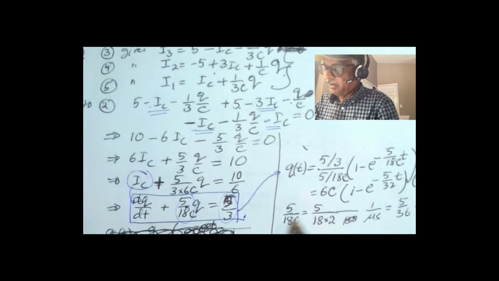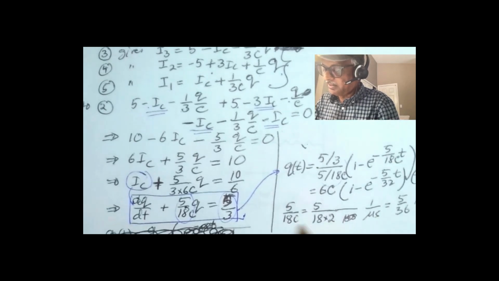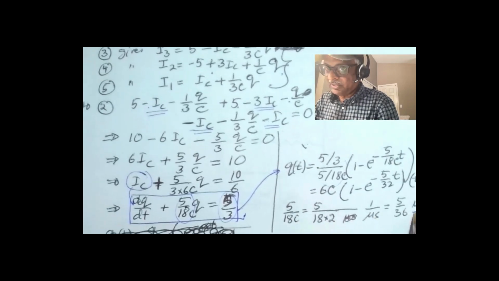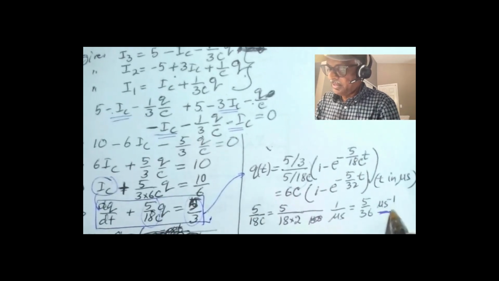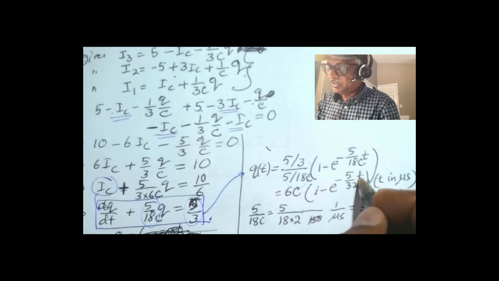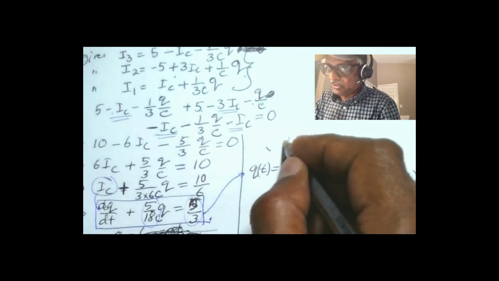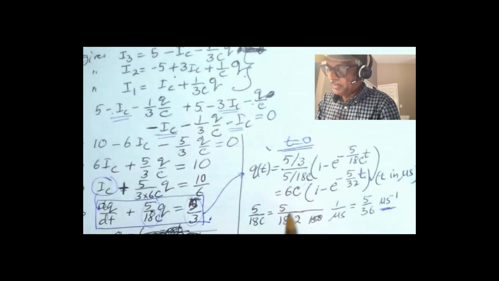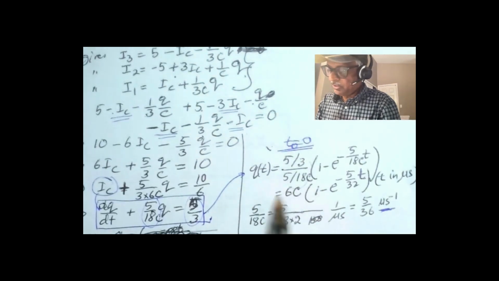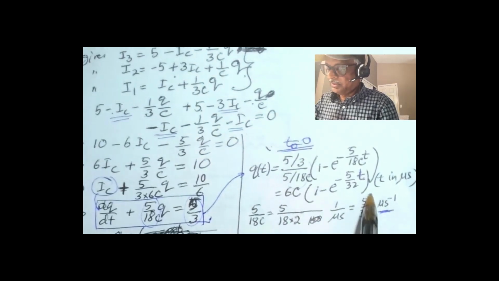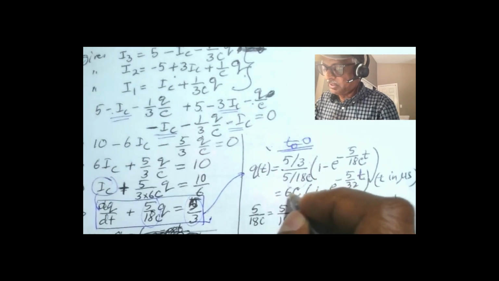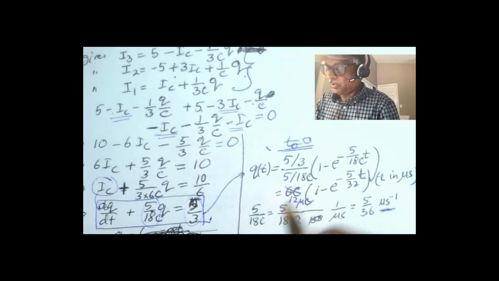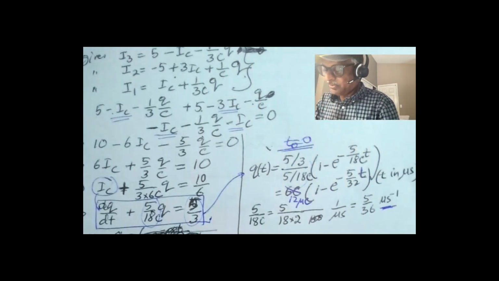I can write 5 over 18C in terms of inverse microsecond units. As long as t is in microseconds, with t0 equal to 0 for us, we get this answer, and 6 times C is just 12 microcoulomb.